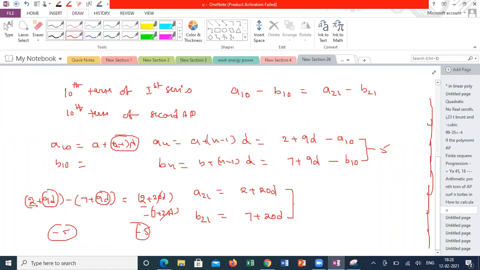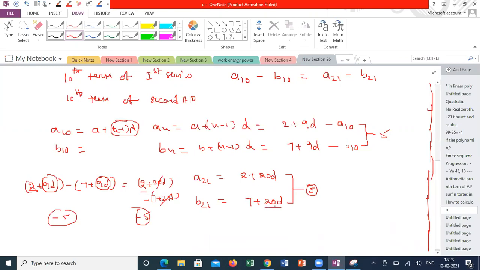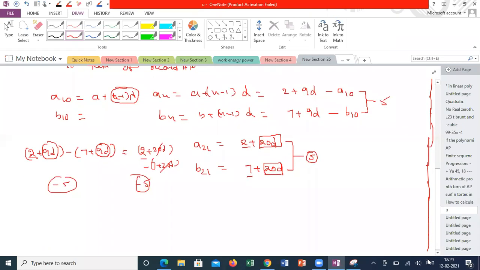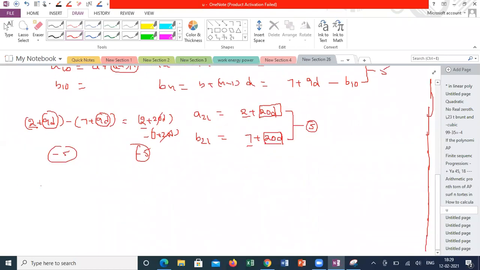Here also, what is the difference between these two terms? 5. So like this, if I take any two corresponding terms, whatever change comes here, the same change will come there. This first term is always fixed. So the difference between any two corresponding terms is always 5.